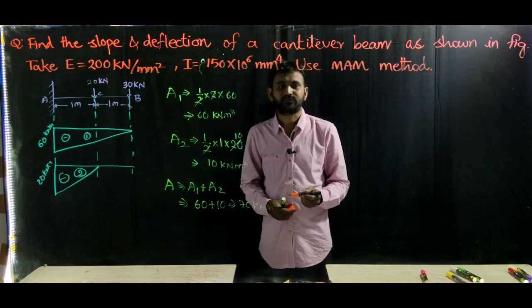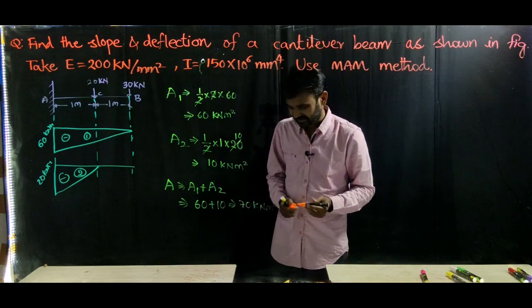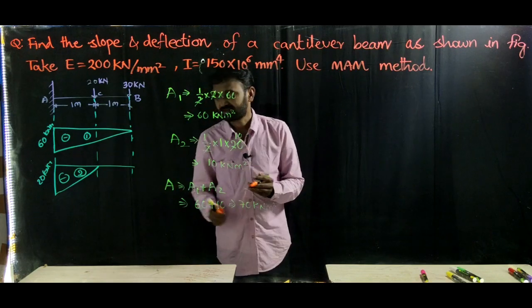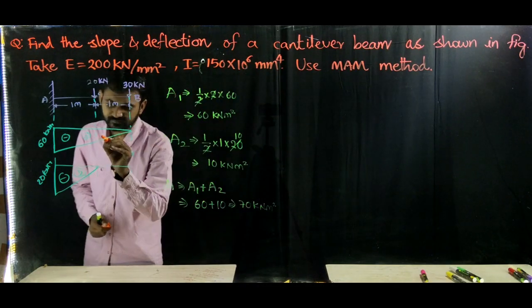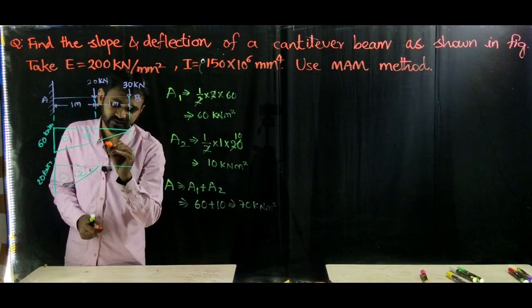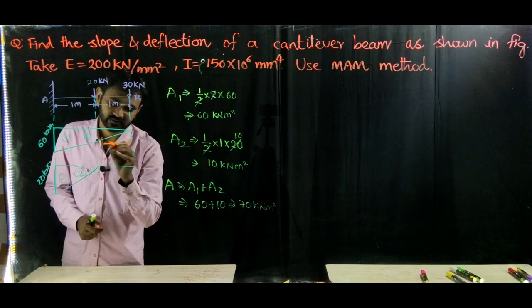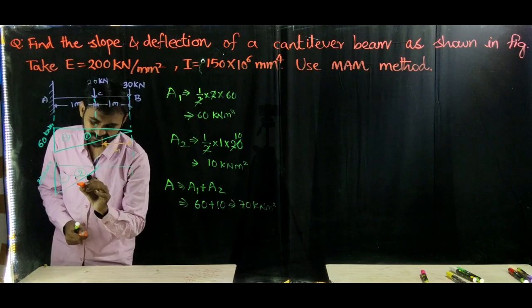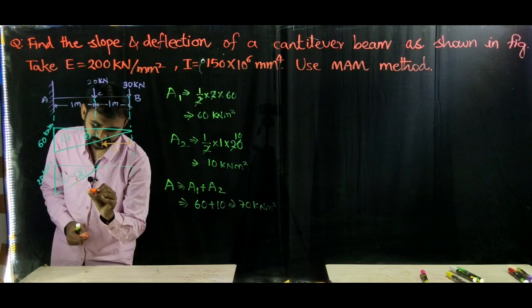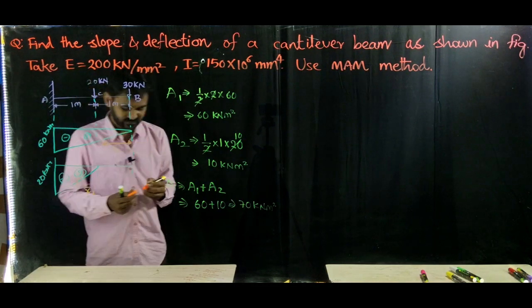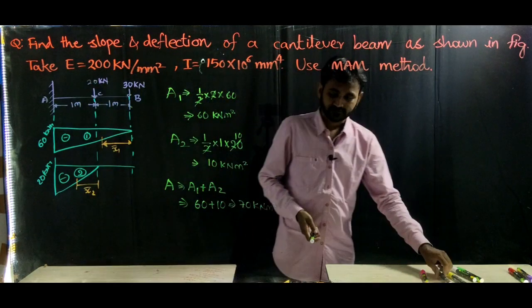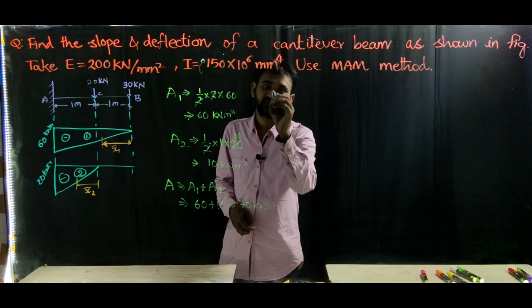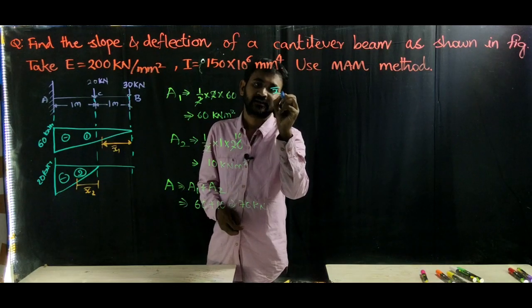Before going to that, you have to calculate x bars also. What is x bar? It means x1. Here you will get the value of x bar 1, and here you will get x bar at figure 2. So what is x bar 1?